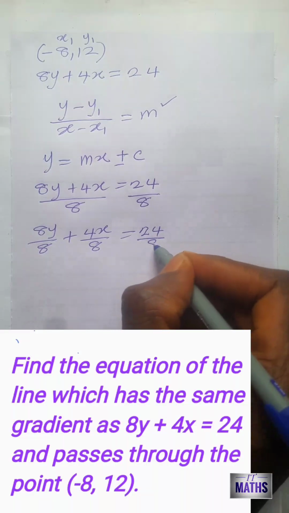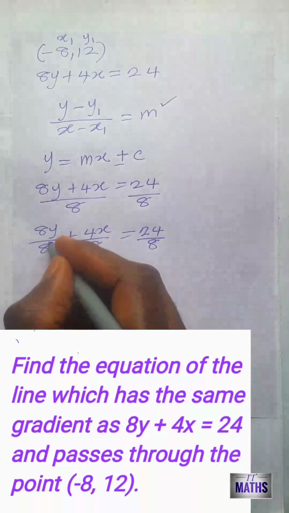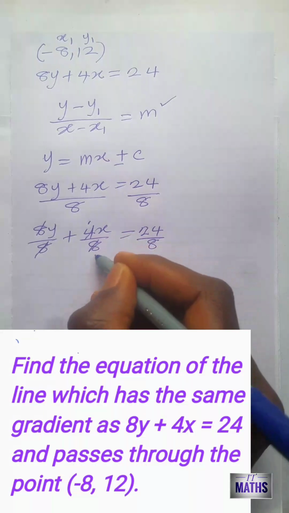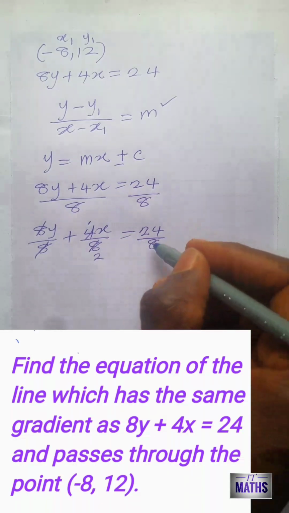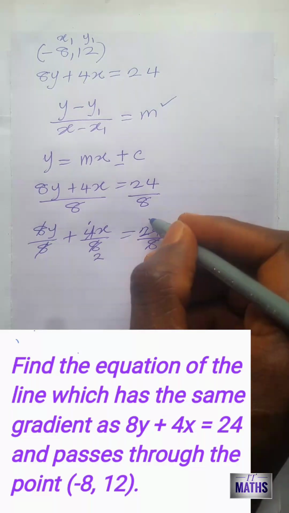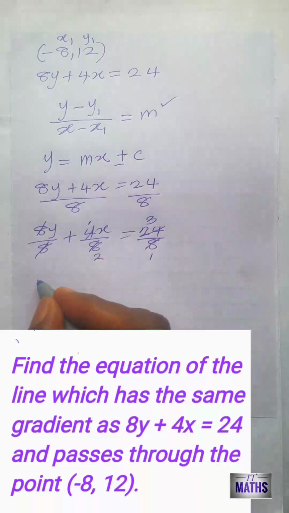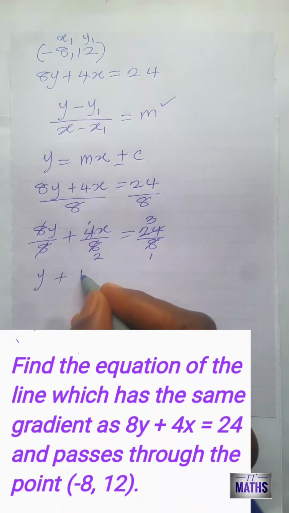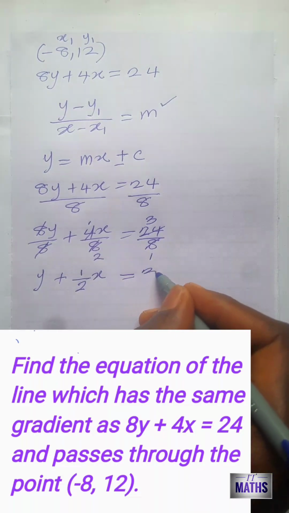Now this cancels this, and 4 goes into 8 is 2. Over here 8 goes into 24 is 3. So I have my y left here plus 1 over 2x is equal to 3.